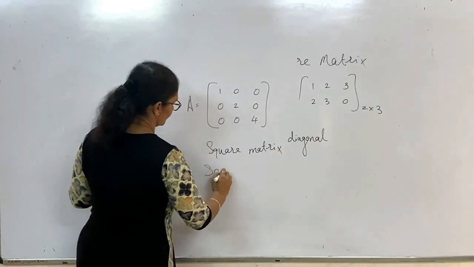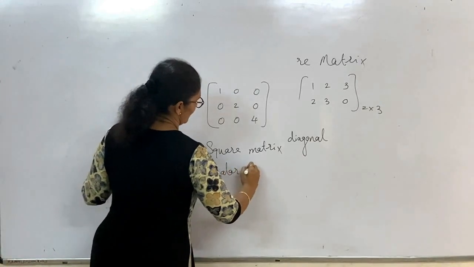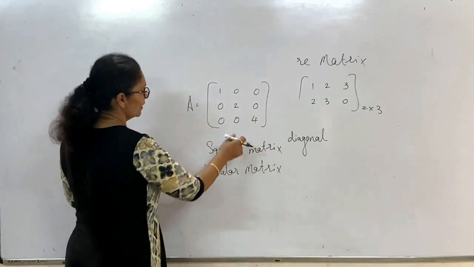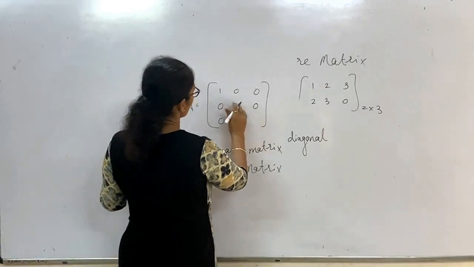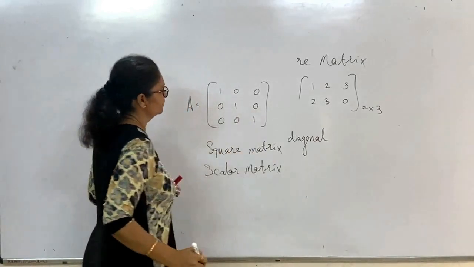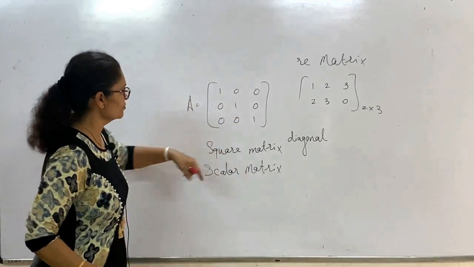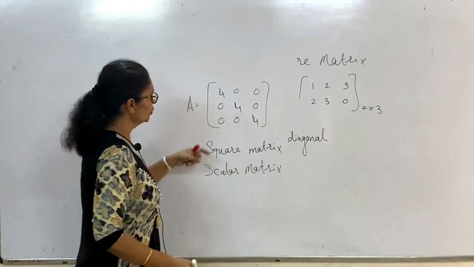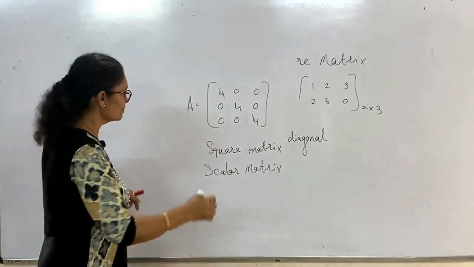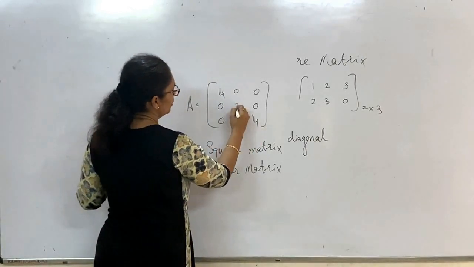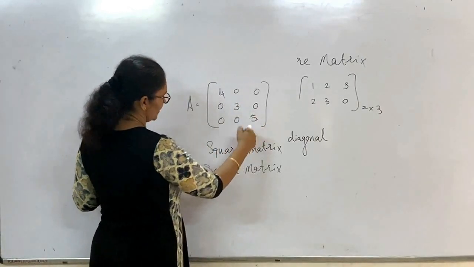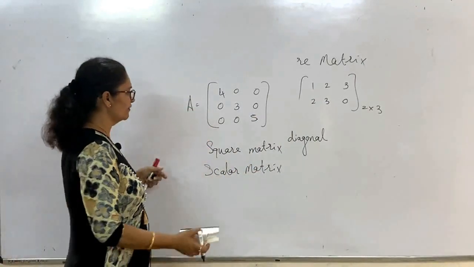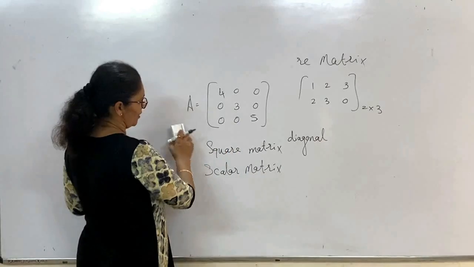Suppose I have taken 1, 1, 1, or let's take one simple example, 4, 4, 4, where all the diagonal elements are equal. This is a scalar matrix, but if I write 4, 3 and 5, it is a diagonal matrix. So there is a minor difference between diagonal and scalar matrix.